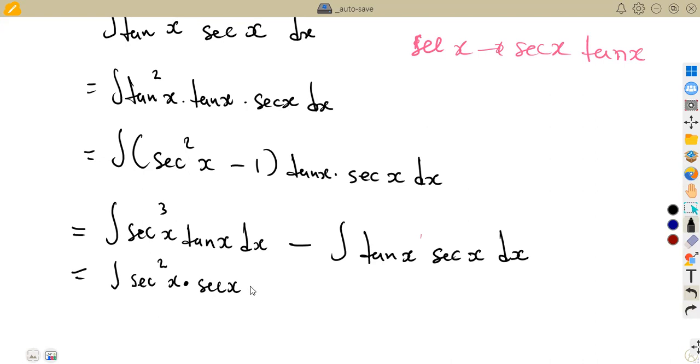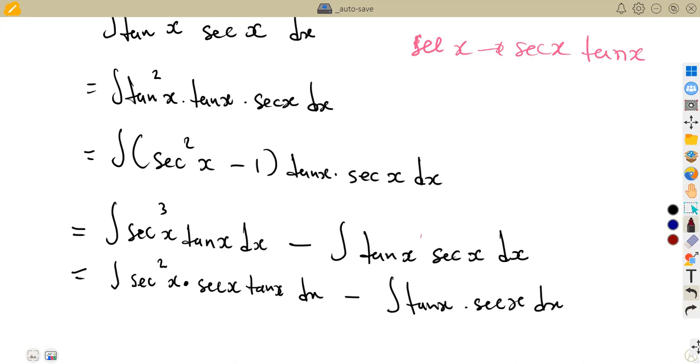We haven't changed anything because sec x times this gives us sec cubed tan x. Minus the integral of tan x times sec x dx.